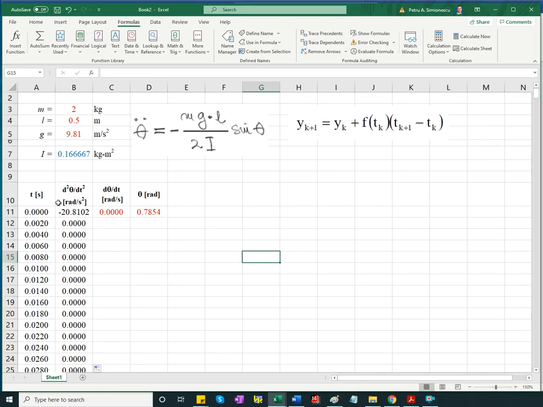So this is f of t column, and then this is going to be y. I have y at k, in particular k here is 1, and the next value of y is going to be the previous value. Again, I'm coding now this equation. So previous value plus previous f value, and this one, times the time step.